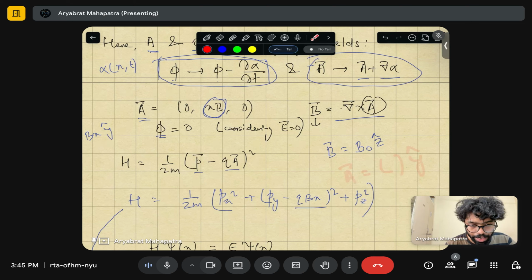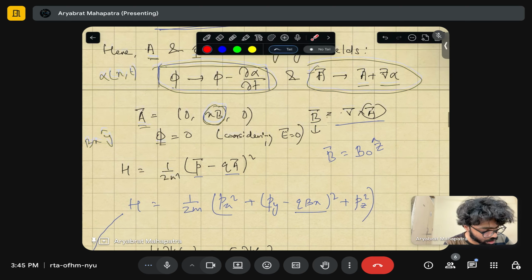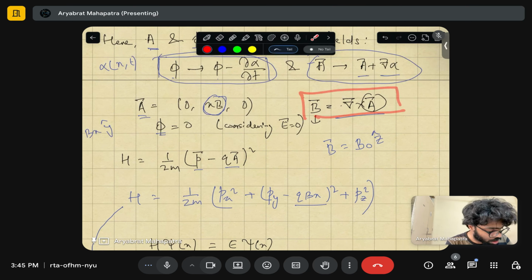suppose you are given some magnetic field in the z direction, and you are asked to write what the vector potential is. The only way you can construct the vector potential is from this relation. If you work out this relation, you can find that A should be something like xB.